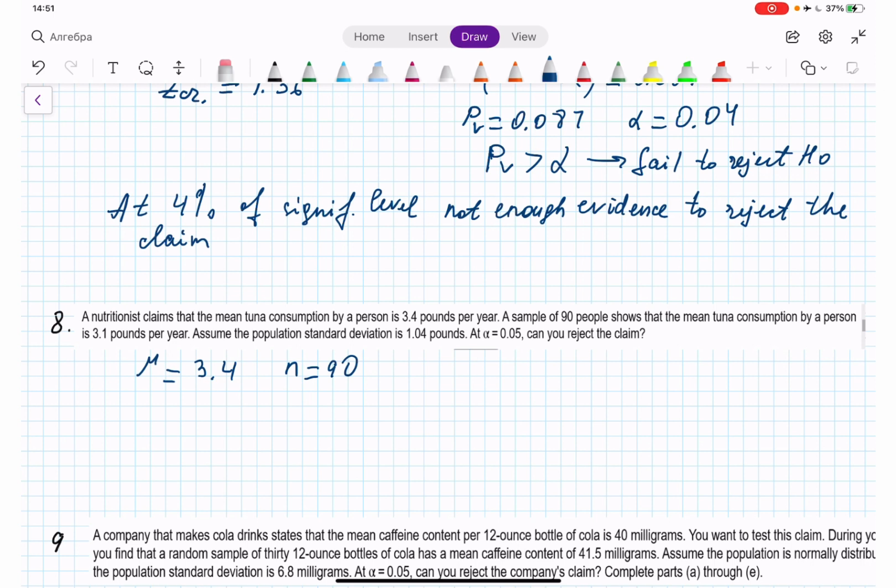That's going to be x bar, right? The average for the sample. Assume that the population standard deviation is 1.04 pounds, and alpha is 0.05. Would you reject the claim?